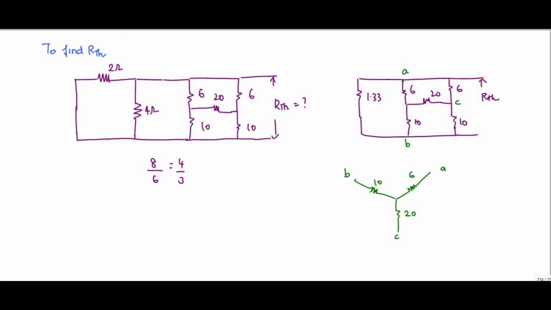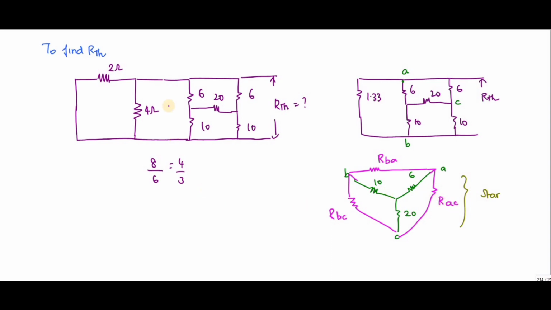So this is in the shape called star, and I need to convert it into a delta shape, like this. This is RBA, this is RBC, and this is RAC.